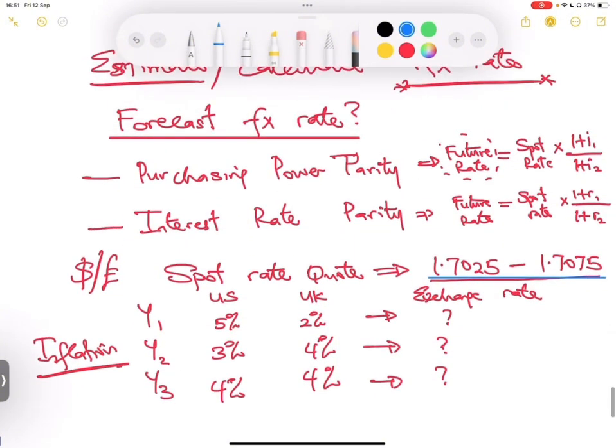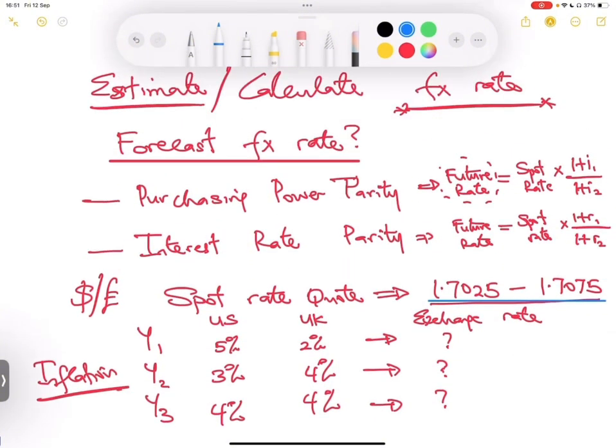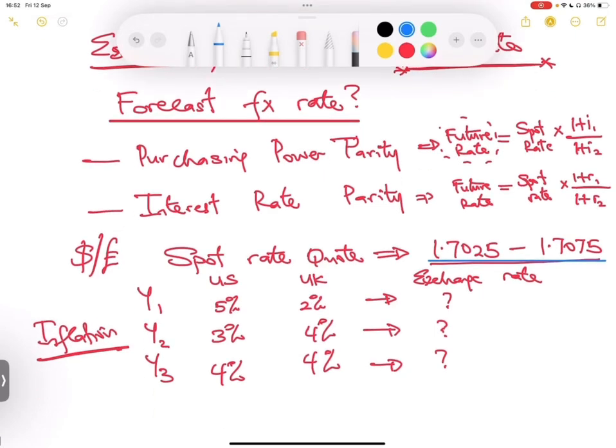I'm not giving you a particular cash flow now. The midpoint is 1.7025 plus 1.7075, divided by 2, which is 1.705. So the average quote is 1.705.